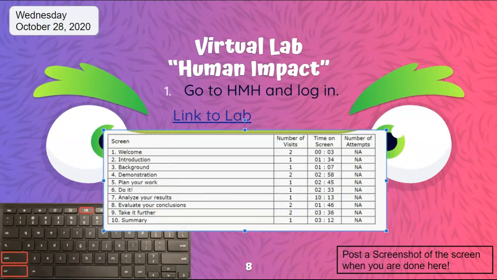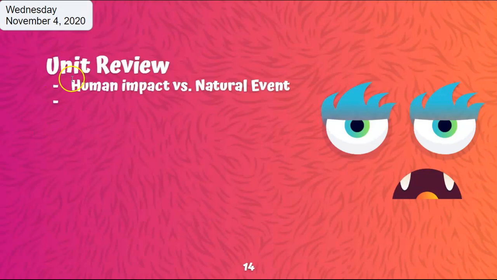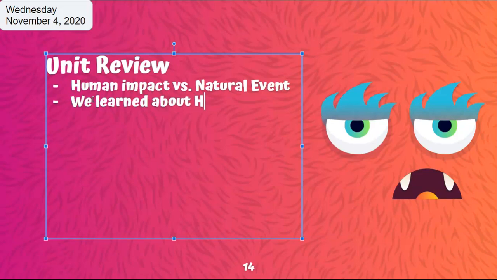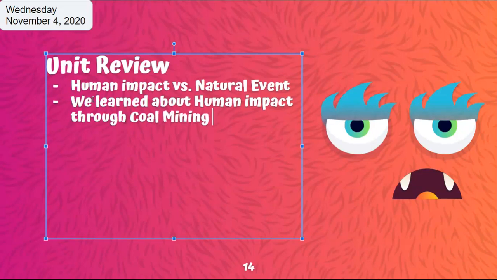And finally, our final thing to do is to look at our final slide, unit review. What have we learned? We learned about human impact through coal mining and deforestation, and also some things with island creation and stuff that I didn't really mention in the video.